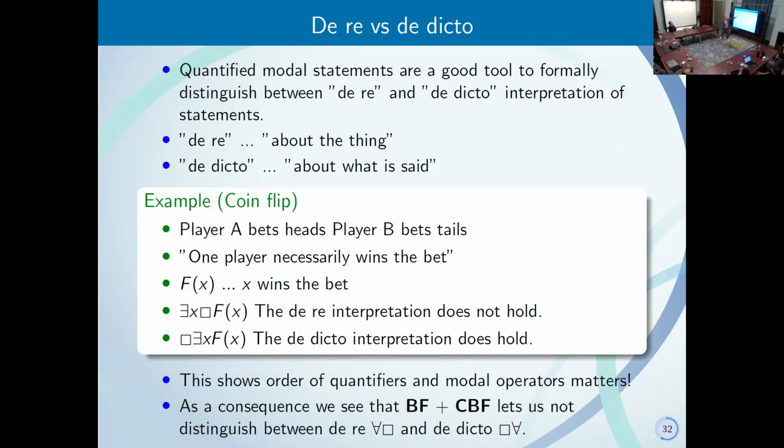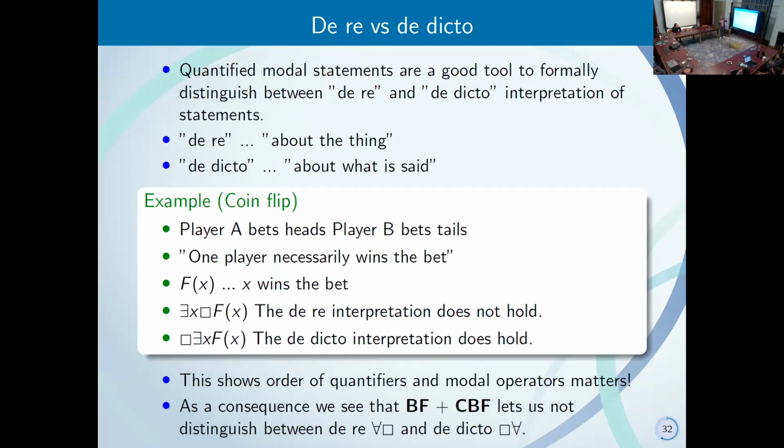What does this mean? De re talks about the thing itself, and de dicto talks about what is said. So the de re formula talks about, for example, a specific person who has a necessary property, right? And de dicto means it's necessary that someone has this property. So the de dicto is more like a modal statement, which we can do propositionally as well. And the de re is more about an agent or an object ascribing it a modal property.